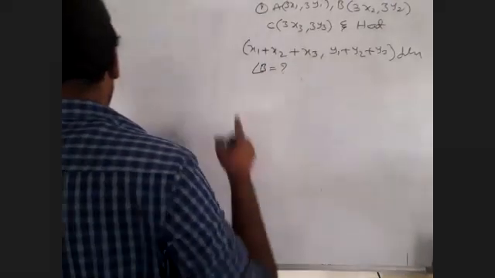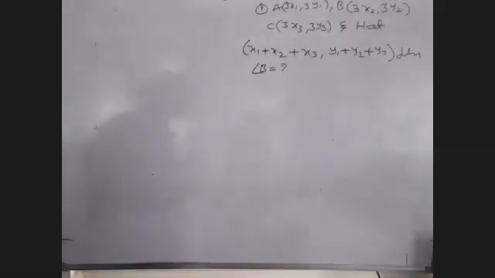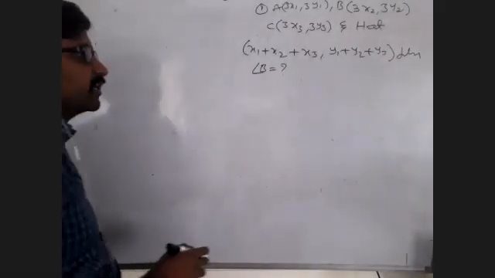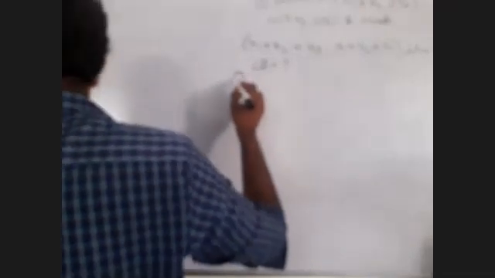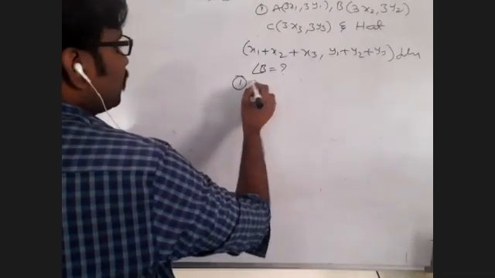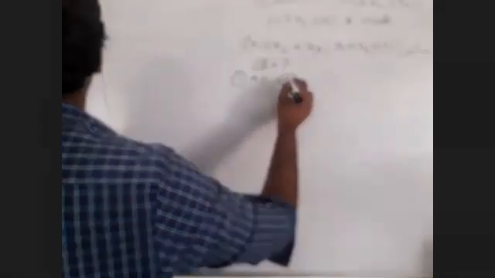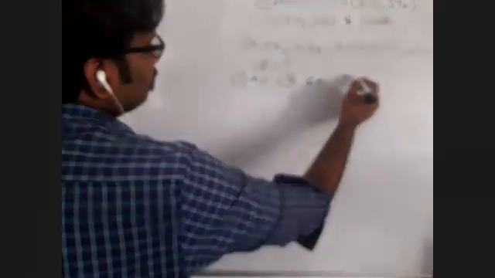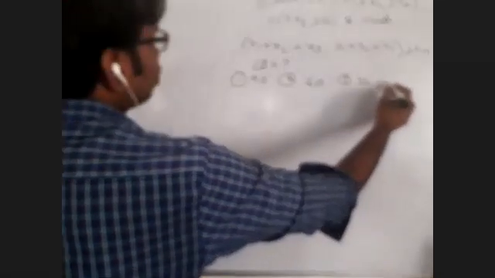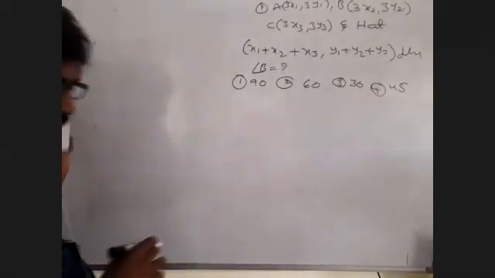The question is asking what is angle B. Options: first option 90, second option 60, third option 30, fourth option 45. These are the options.